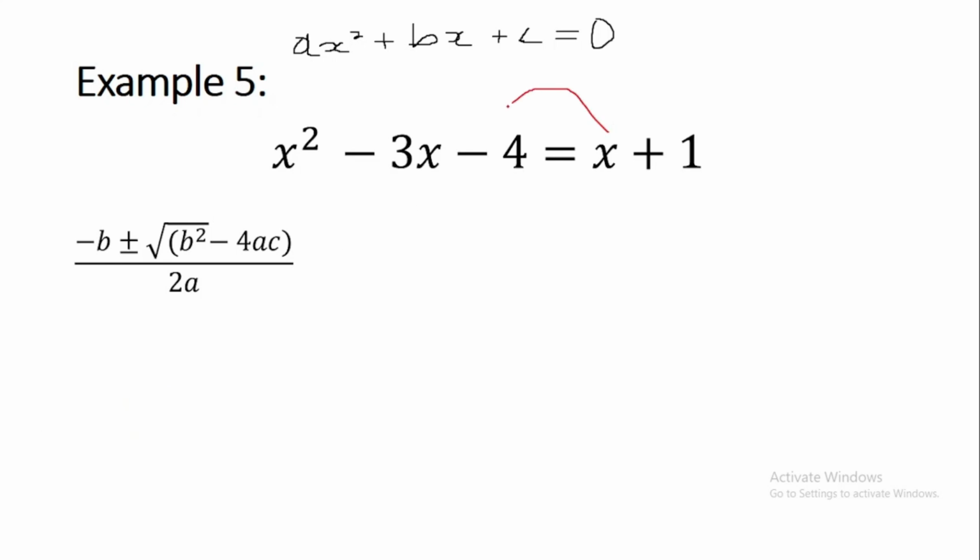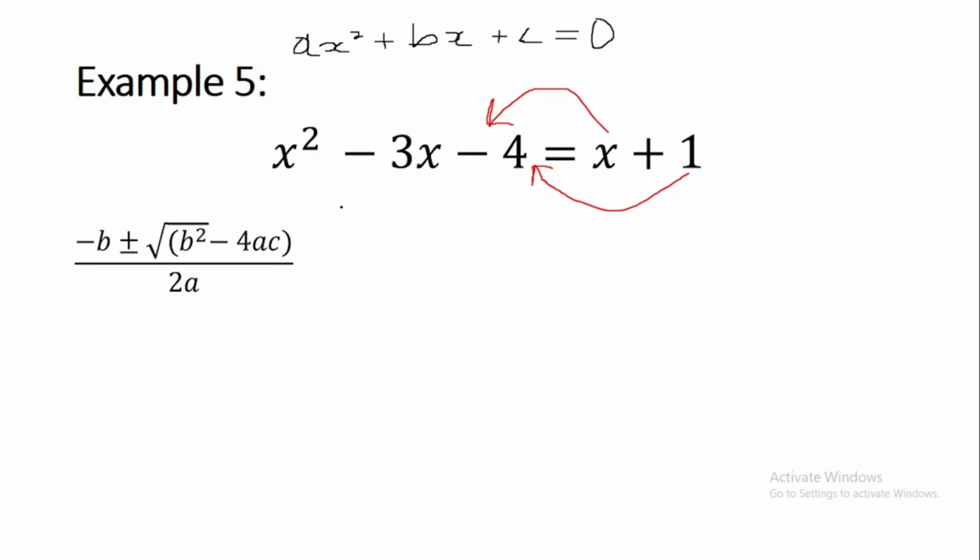So I'm going to move this x right here to the opposite side of the equal sign, and I'm going to move this 1 to the other side of the equal sign. This is a positive x, so when I move it over, it's going to change to negative x. This is a positive 1, so when I move it over, it's going to change to a negative. Alright, so we're going to have our new equation.